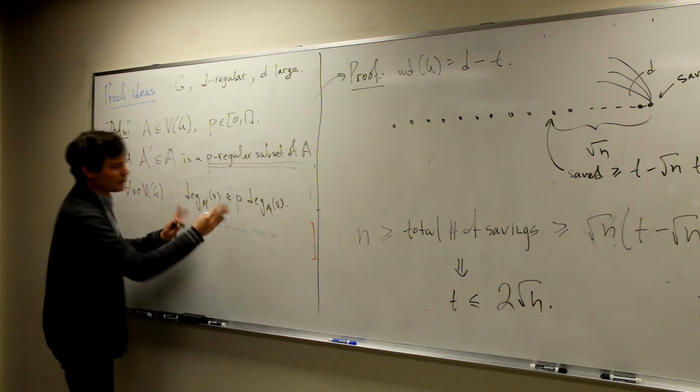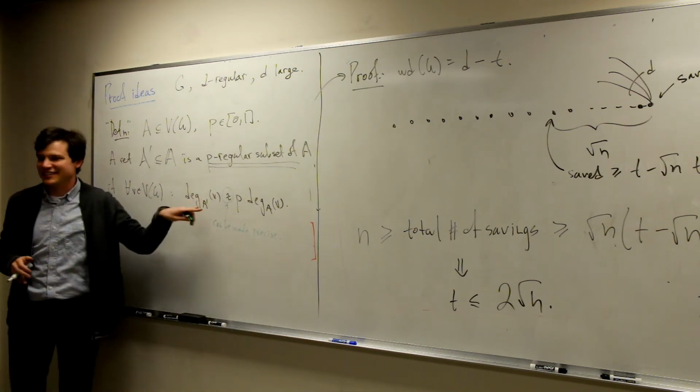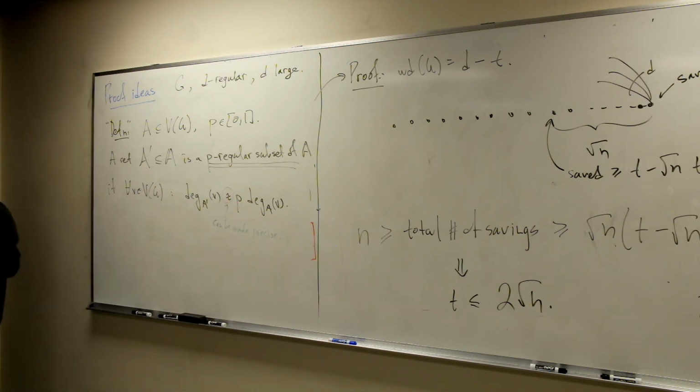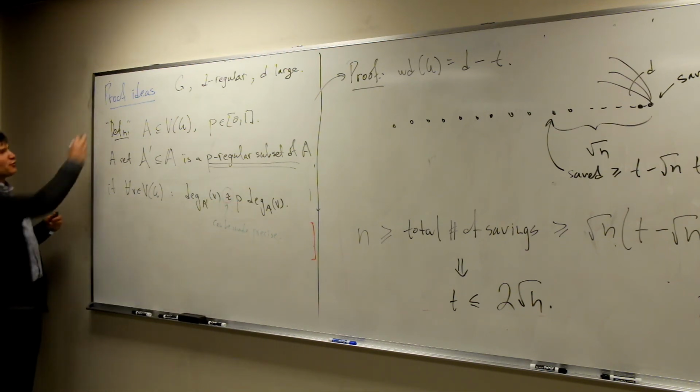There are some upper and lower bounds: this has to be greater than something, less than something. But the point is that it's roughly p times this, and this has to be true for every vertex.